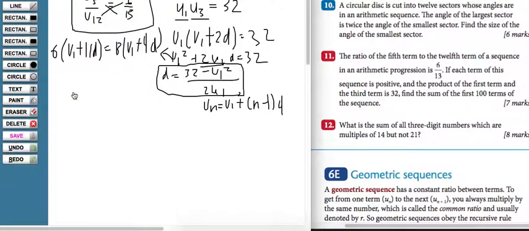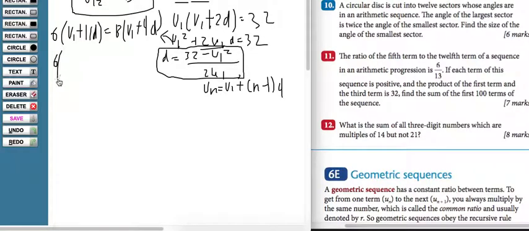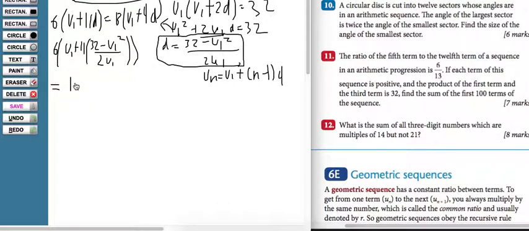So we have 6 times (u1 plus 11 times this entire thing, so (32 minus u1 squared) over 2 times u1). And then we have this entire thing is equal to 13 times (u1 plus 4 times this). The 2 will cancel with the 4, so we have 2 times the entire thing, (32 minus u1 squared) over u1.